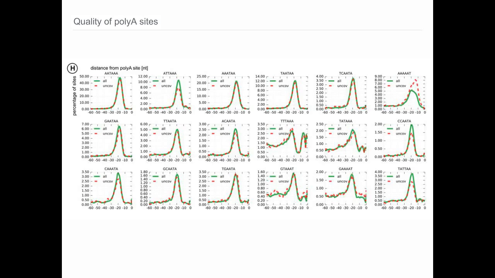If you look at all our detected polyA sites here in green, you see the signal is very strong and it's where it's expected to be. And if you look now at the novel polyA sites that we detected with our data set, you also see in this red dotted line a strikingly overlapping signal. This is again evidence that the polyA sites detected with our data are true polyA sites.